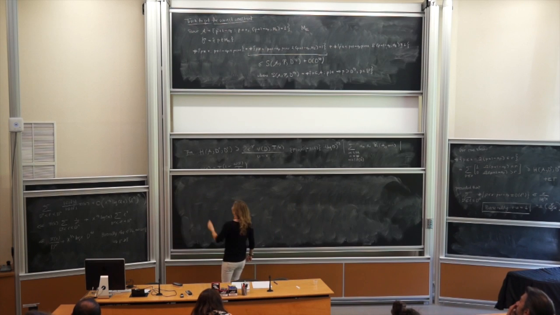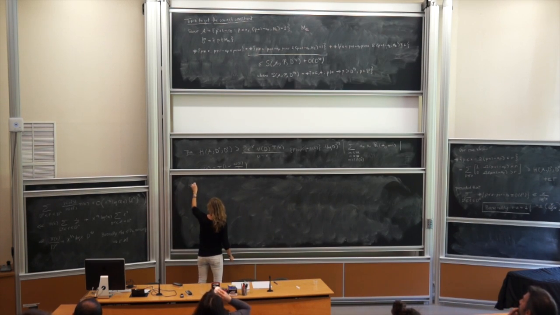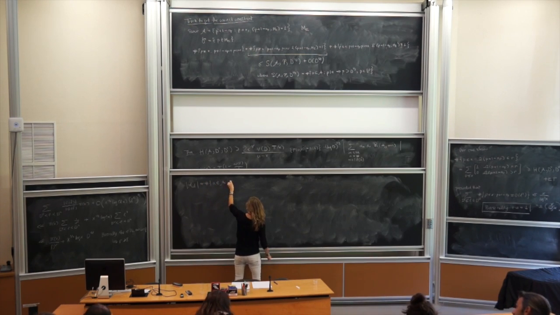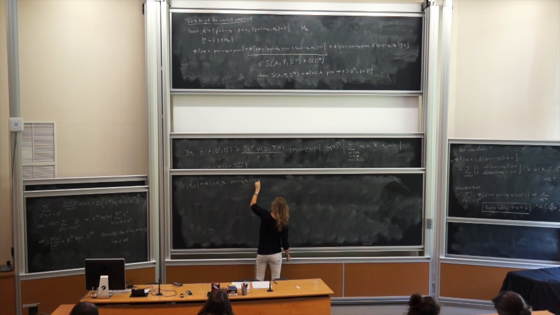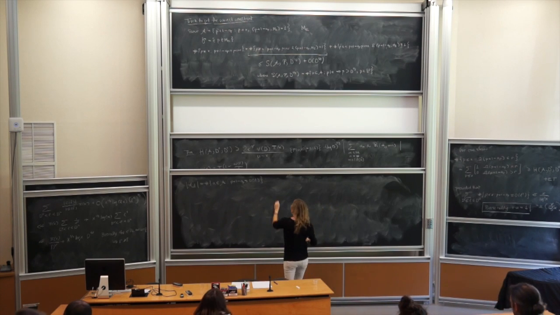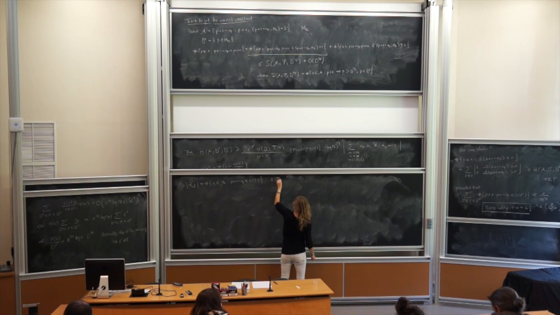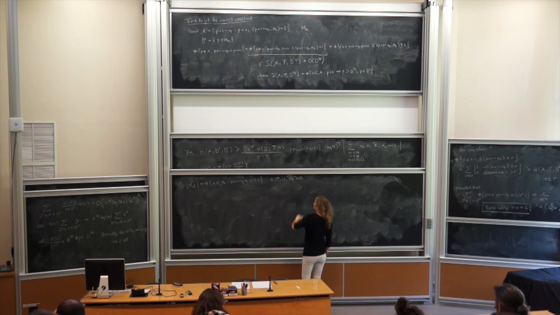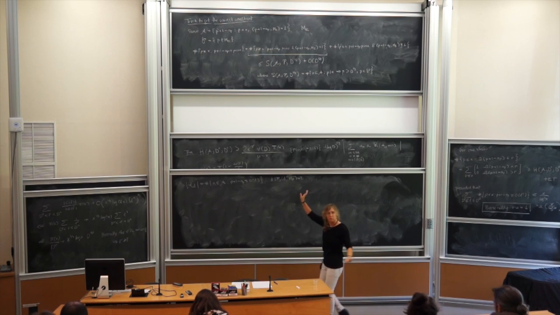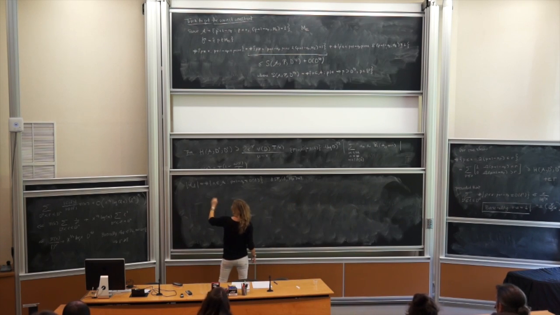And my building block that I need would be A of D. So let me compute the number of elements of A of D, which is the number of a in A such that p plus 1 minus a_p is congruent to 0 mod D. Here my D is square free, and also D is co-prime to M, because the primes in my sieve are the primes not dividing M. So D is co-prime to M. So let me count that.